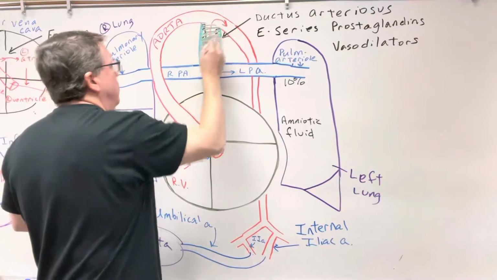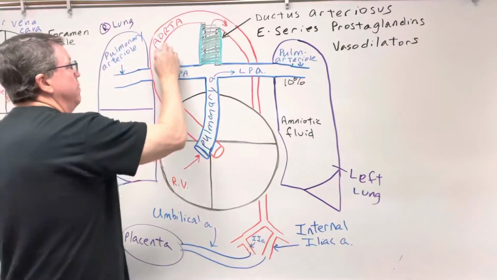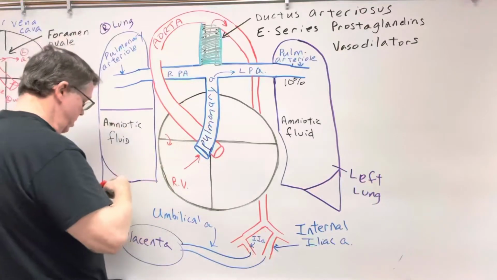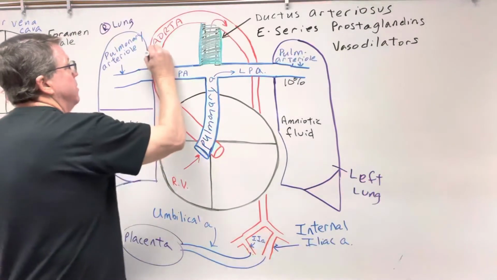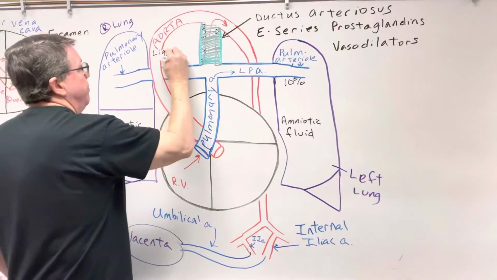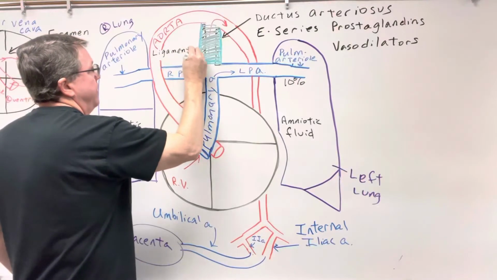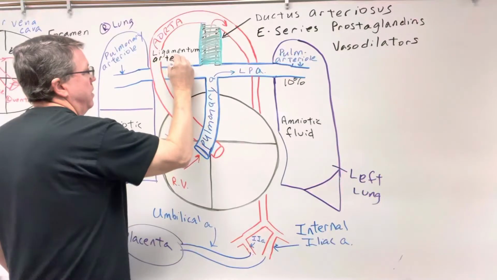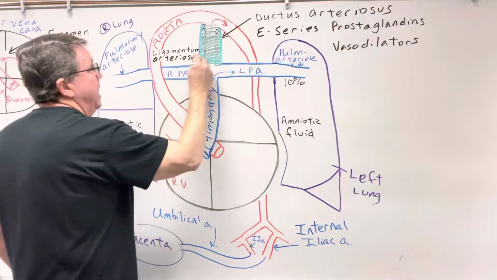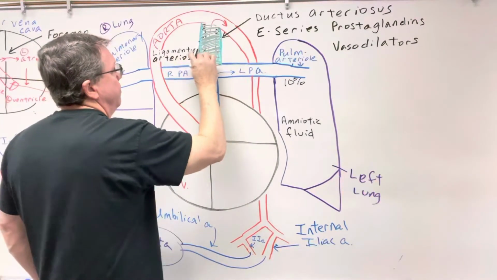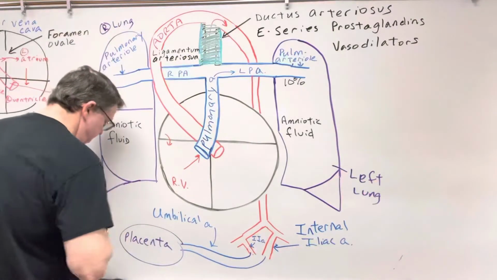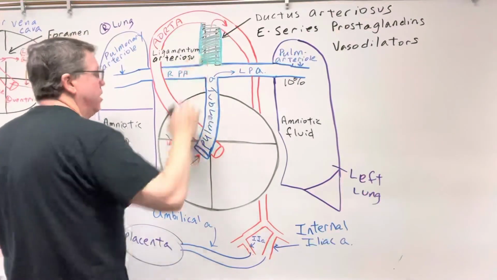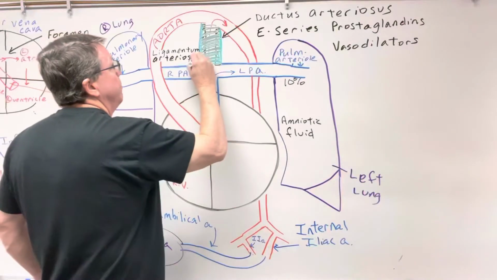Okay, so this is going to close, and it's going to form a ligament called the ligamentum arteriosum. Okay, and that's going to be the ligament that's in here. Let's make that M a little bit nicer there. So it's going to be called the ligamentum arteriosum.